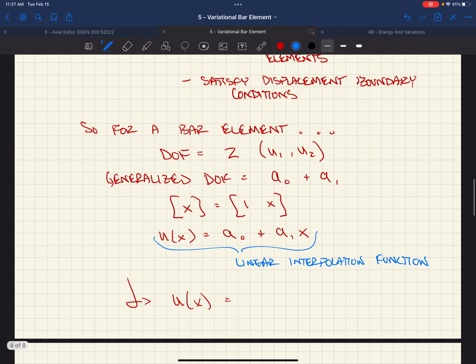And why are we doing this now? Well, before we had a separation of our mechanics-based derivation of our stiffness matrices, and we were able to essentially calculate nodal values without our interpolation function.